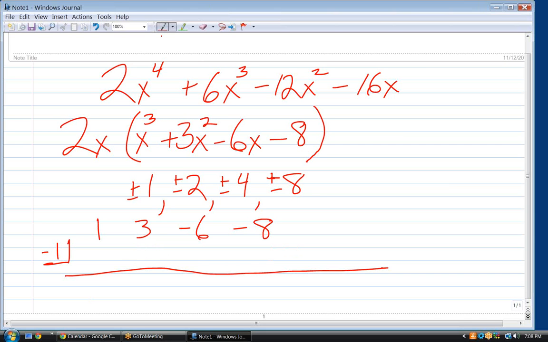Now, if you've had upper and lower bound theory, there might be a better place to start, and it would be with the bigger number. In fact, let's do that, just so we can experiment a little bit with it. Let's try 8, and I'll show you why. I know now that you know how to do synthetic division, so I won't force you to do that. Big plus.